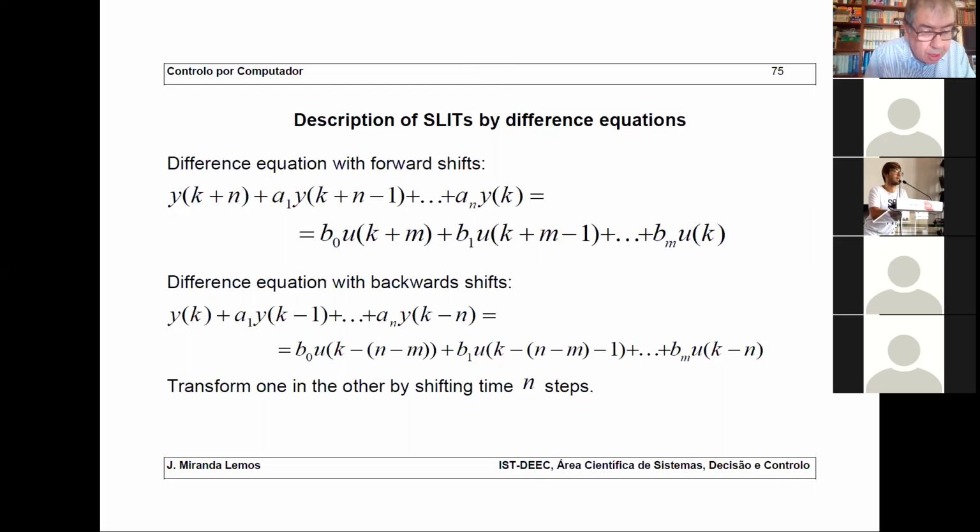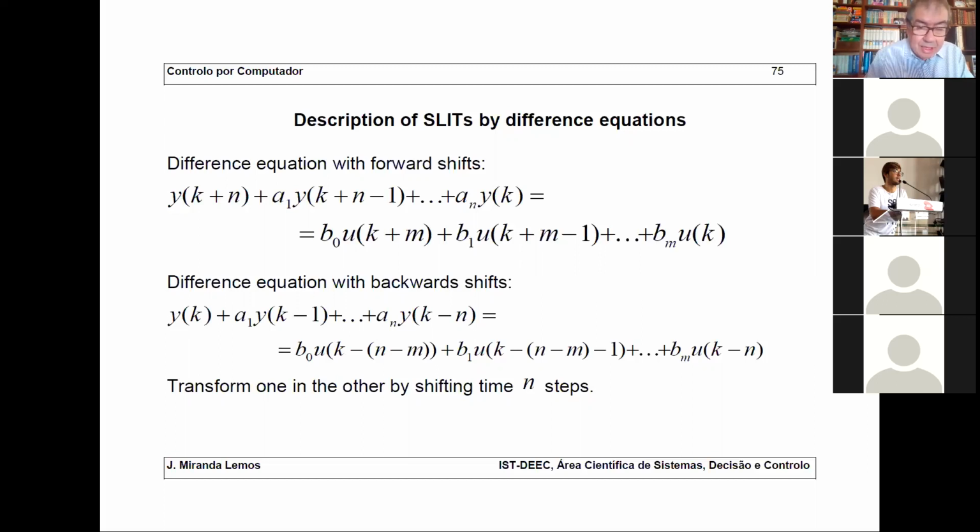The delay must be equal to zero. So n must be equal to m. If n is equal to m, then u of k minus n minus m is u of k minus 0, so you have u of k. When u of k changes, y of k changes. So if n equals m, then you have a zero delay, so there is an instantaneous action.